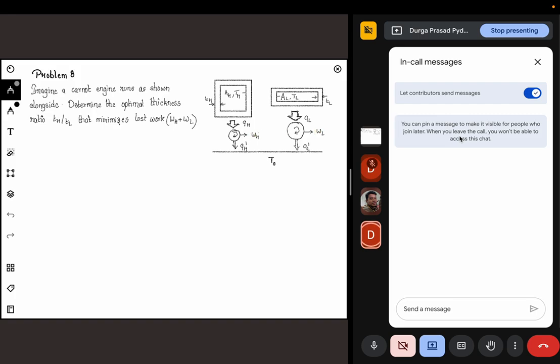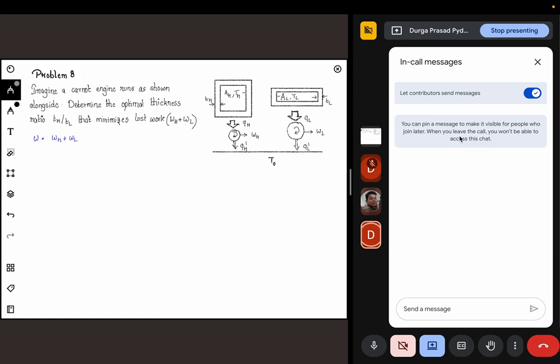This work is lost because we are not able to get it, since we are directly leaving the heat to the ambient. Ideally, without a Carnot engine, we are losing this amount of work. So instead of minimizing QH plus QL, we will now minimize WH plus WL, and then determine the optimal thickness ratio. Can you do it?